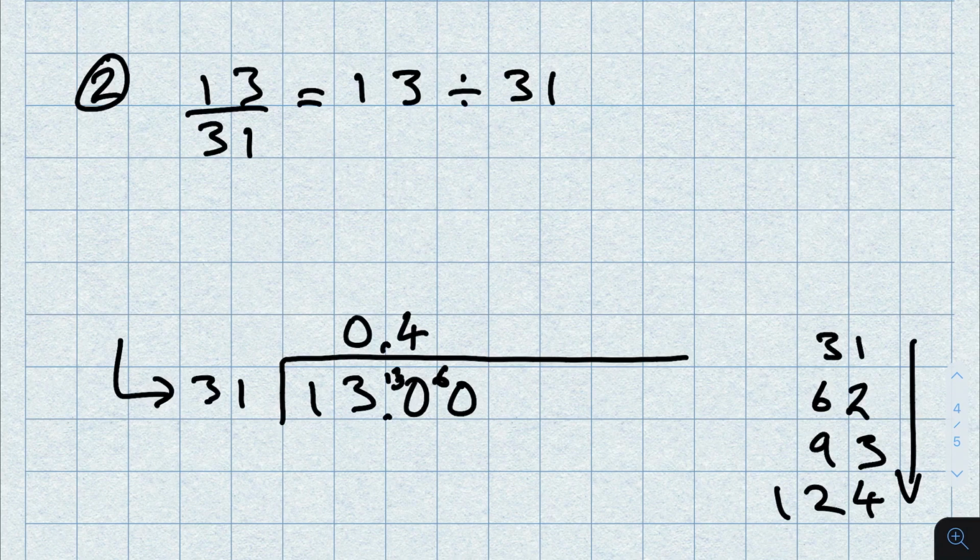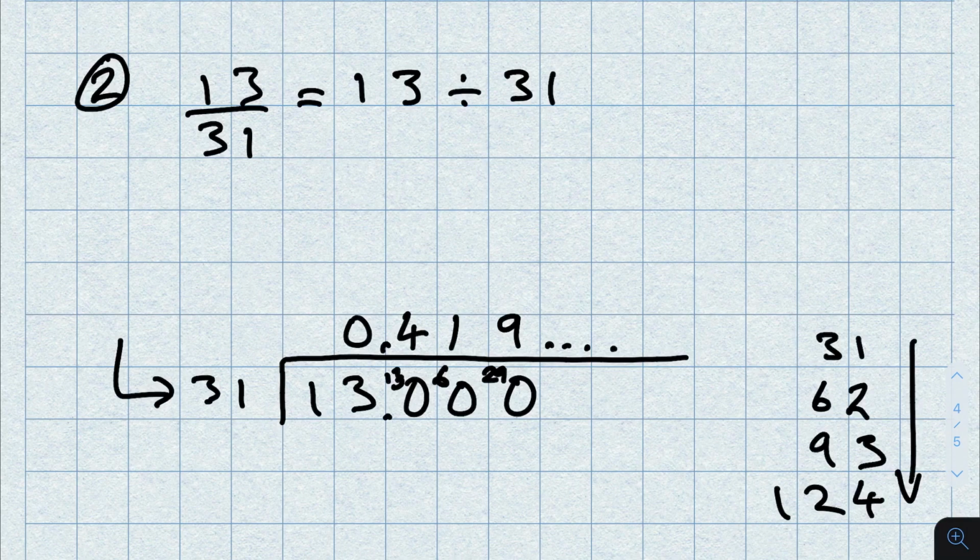Does it go into 60? It does. It only goes once, though, doesn't it? Because the second multiple is too big. So it goes once with 29 left over. If I carried on my multiples, I'd find out that it would go in 9 times. And that would probably keep going, wouldn't it?